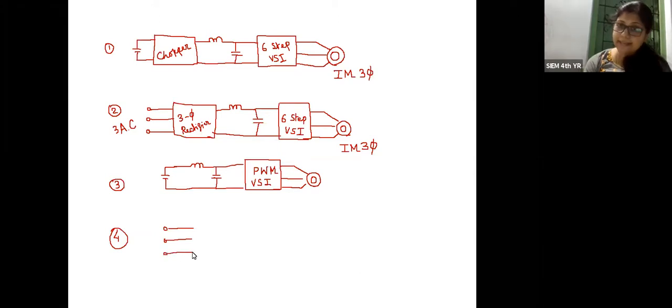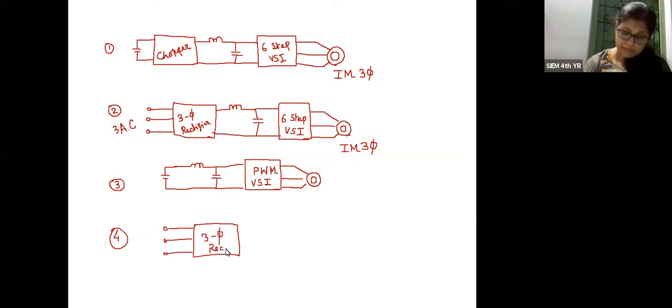Whenever we have a three-phase AC supply, we have to use a three-phase rectifier here, then obviously an LC filter.